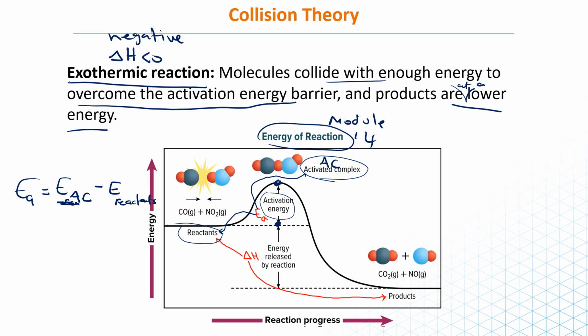So the difference between the activated complex and the reactants is the activation energy, and between the reactants and the products it's the delta H, remember that we talked about in module 14. Okay, so this is for exothermic reaction.